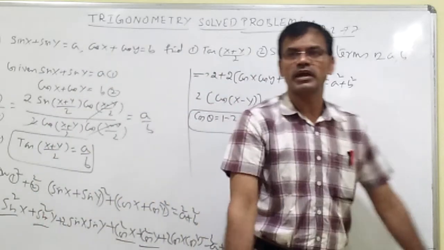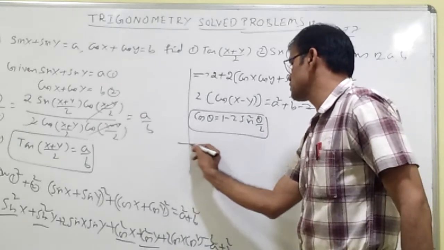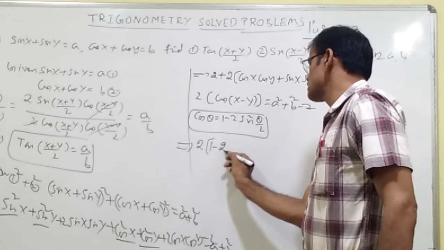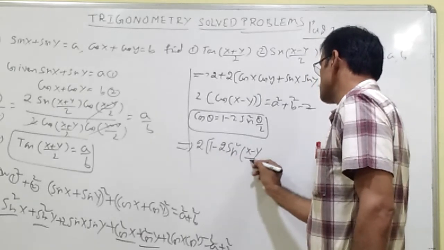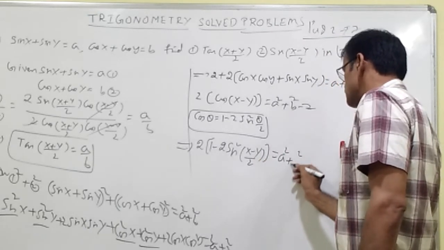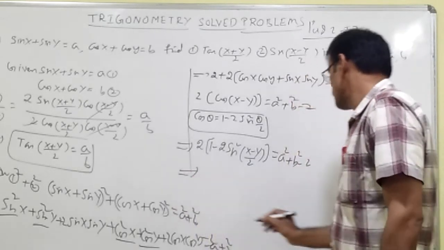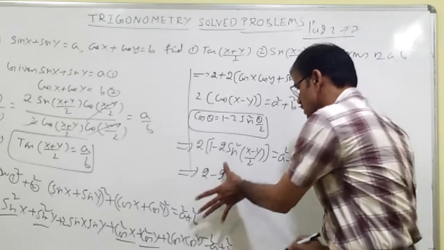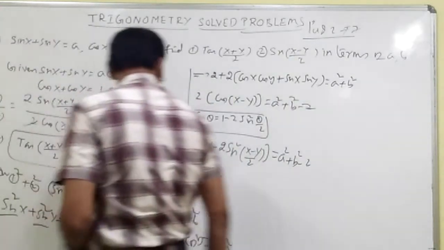This is the submultiple angle formula, already discussed. So 2 into this is 2 into (1 minus 2 sin square of (x minus y) by 2), equal to a square plus b square minus 2. That implies 2 minus 4 sin square of (x minus y) by 2.